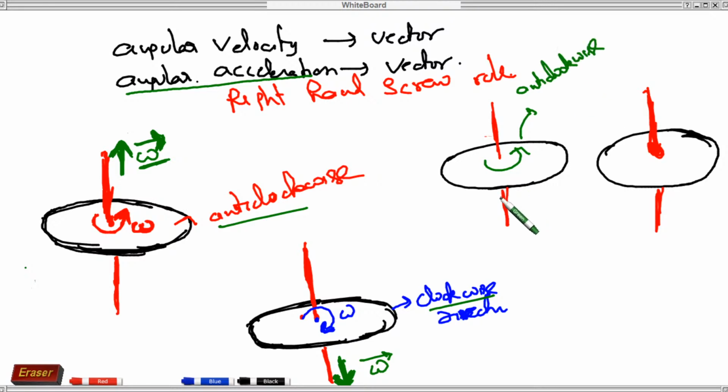Here it is accelerating, meaning its angular velocity is increasing.